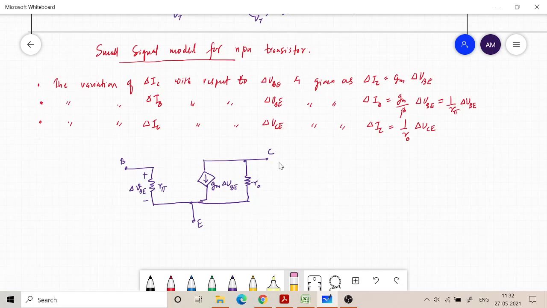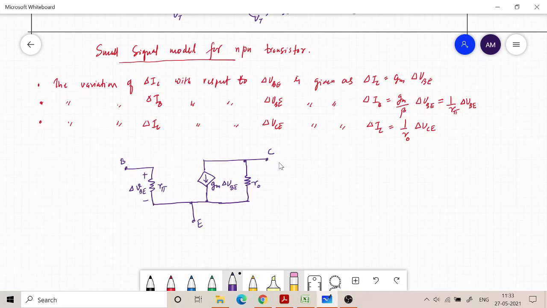This voltage VCE is given by R naught into delta IC. Delta IC current, when it flows through this R naught, will give you a voltage which is delta VCE. This is what I call the small signal model of the NPN transistor.